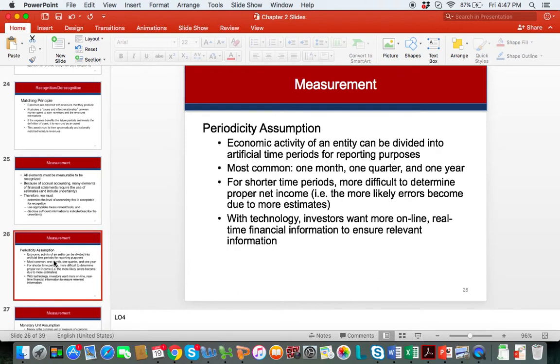Then the periodicity assumption. The economic activity of an entity can be divided into artificial time periods for reporting: a month, a quarter, a year, etc. For shorter time periods, it's more difficult to determine proper net income, and errors are more likely due to more estimates.